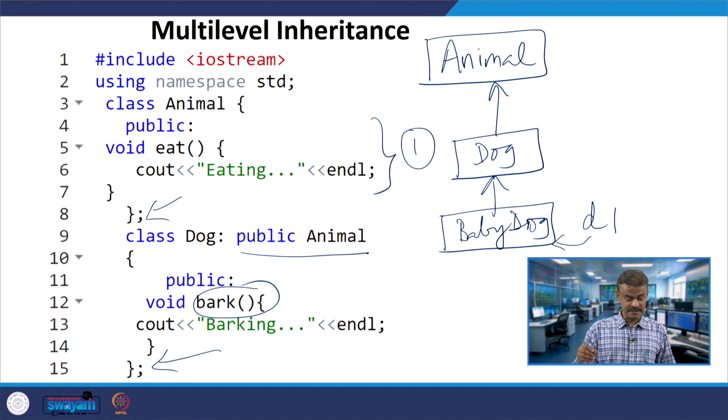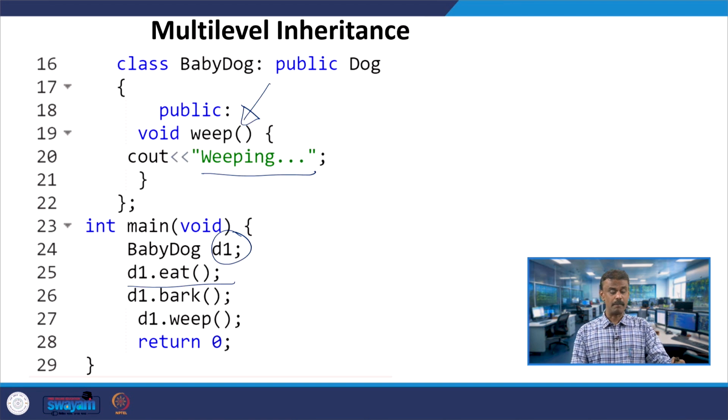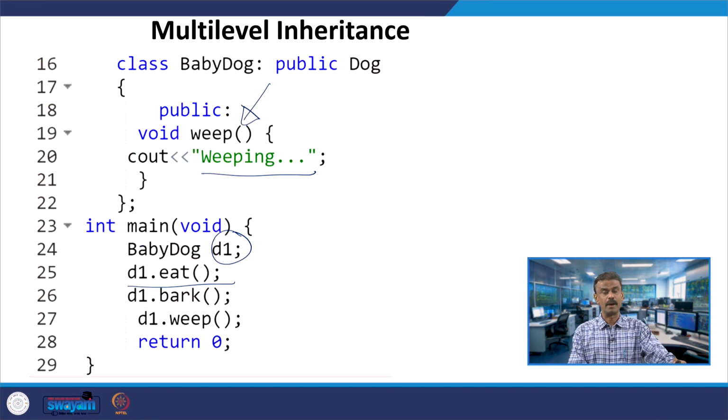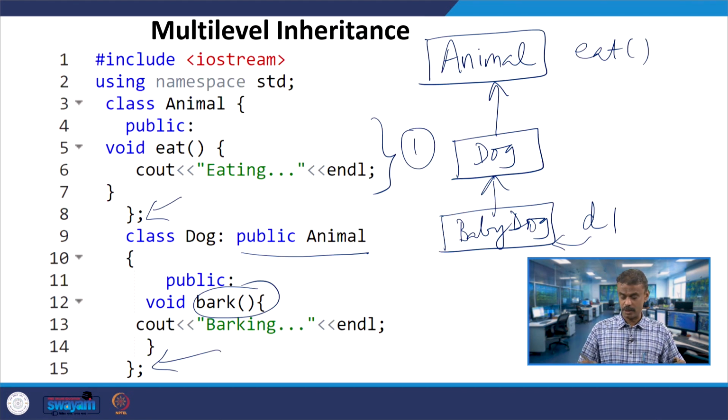Eat is available in animal. d1 can inherit the properties of dog, and dog can inherit animal, so d1 can access animal because both are publicly inherited. So d1.eat. Under dog you have bark; the bark member function is under dog.